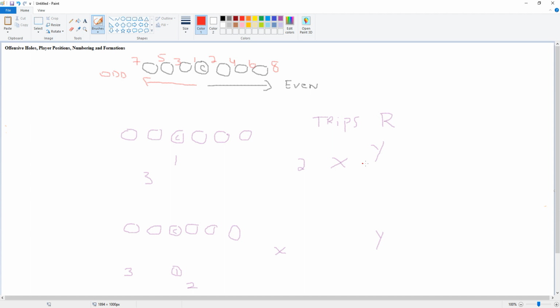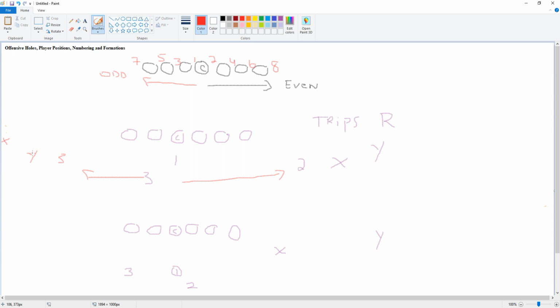So if it's trips right, the 2 who was right here is going to slide out here with the X and the Y. If it's trips left, 3 will slide out, and then X is going to be on the line, Y is off the line. So that means all 3 of these guys can go out for passes. He's on the end of the line, these 2 are in the backfield, and we're fine there.